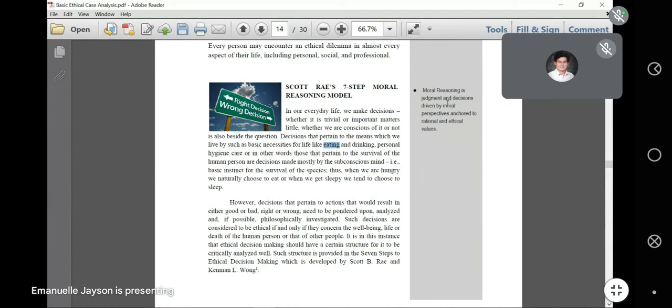No? Moral reasoning is judgment and decisions driven by moral perspectives anchored to rational ethical values. When we use ethical frameworks, no, ethical theories as frameworks, it can be considered as moral reasoning. For example, no, yung ginagawa ni Robin Hood, no, although fictional siya, napaka-utilitarian, no, because he steals for the benefit of the most number of people.